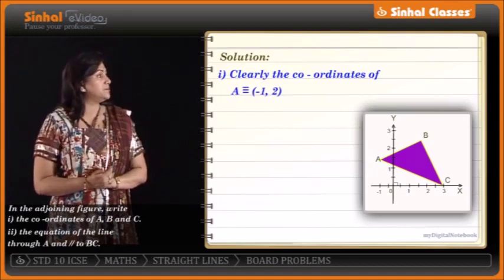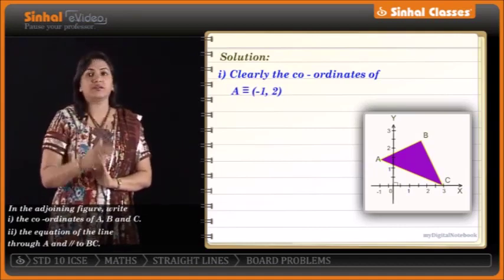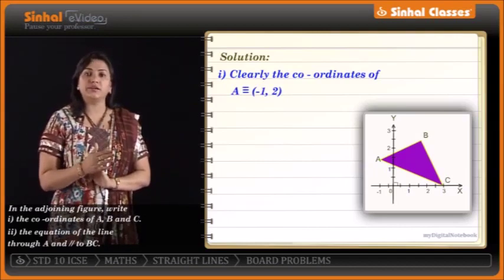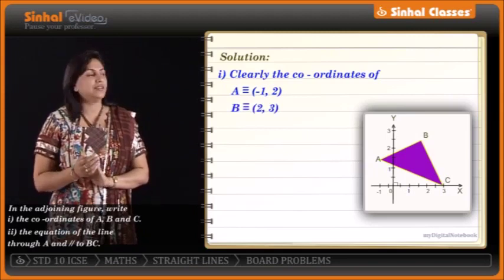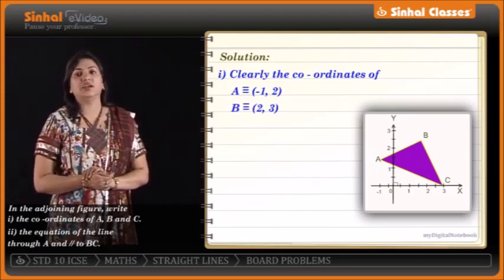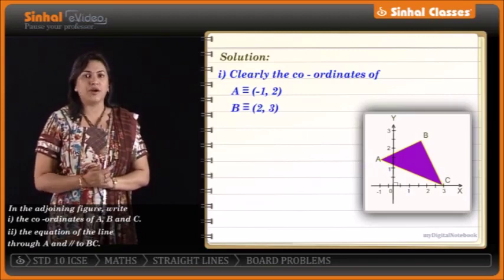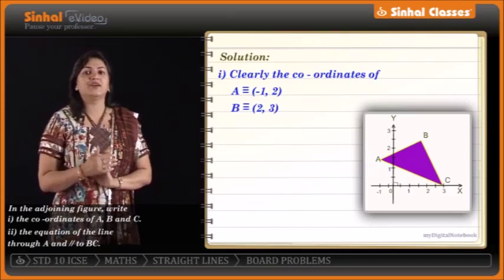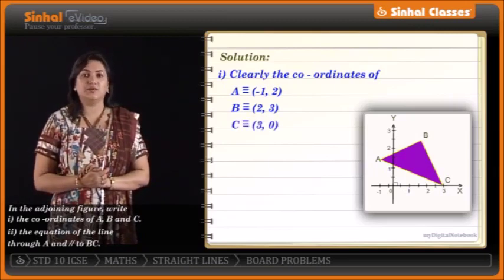Now take for point B, the x coordinate is 2 and the y coordinate is 3. So point B is (2, 3). Now take point C, the x coordinate will be 3 and the y coordinate 0 because it is a point on the x-axis. Coordinates of point C are (3, 0).